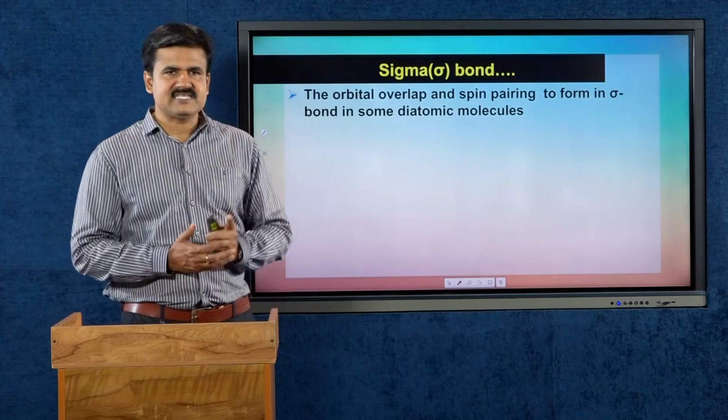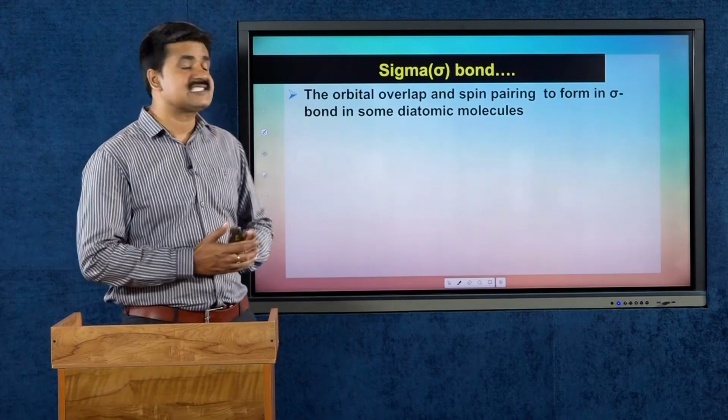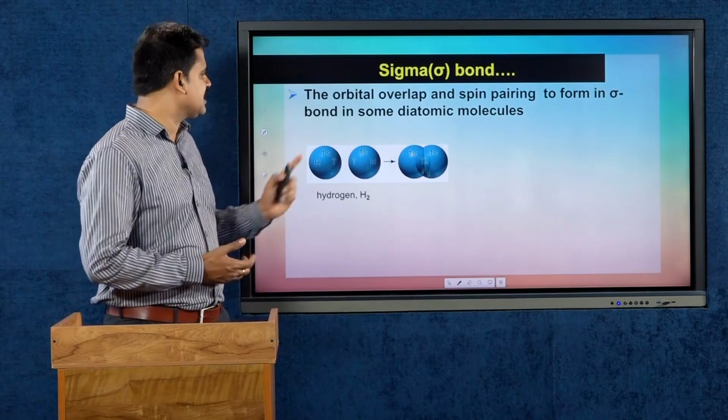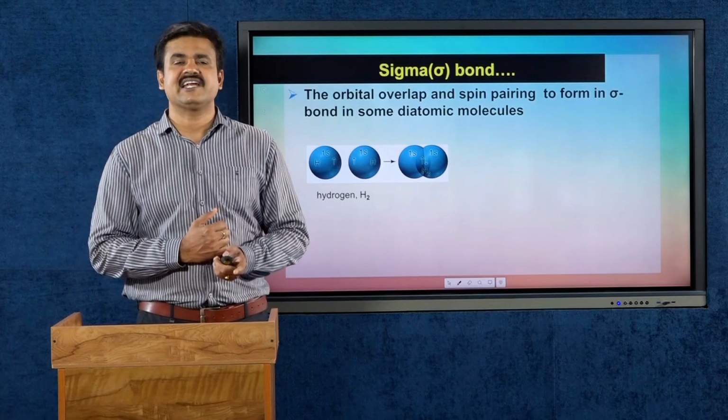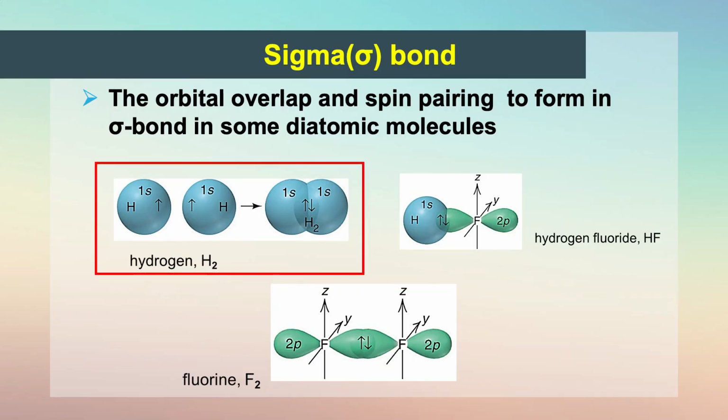The orbital overlap and spin pairing to form a sigma bond inside some diatomic molecules are shown here. This represents the formation of the hydrogen molecule. You know, in the case of the hydrogen atom, the electron is present in the 1s orbital. So, in each hydrogen atom, there is a half-filled 1s orbital.